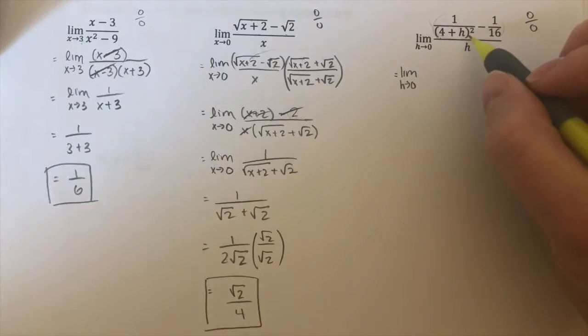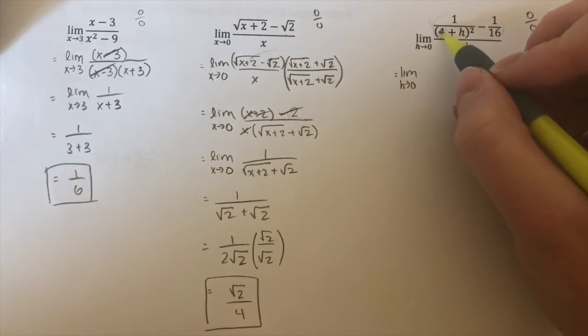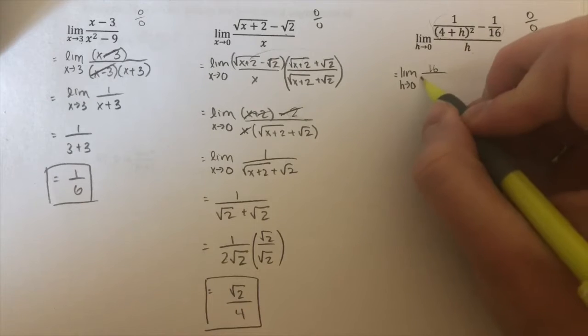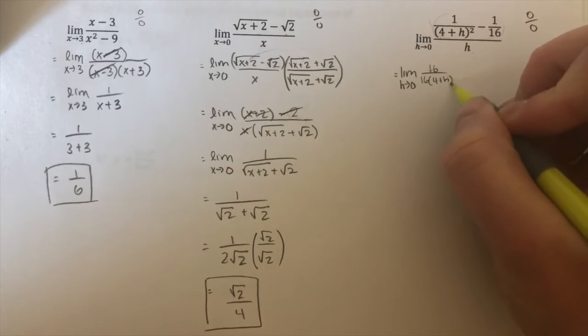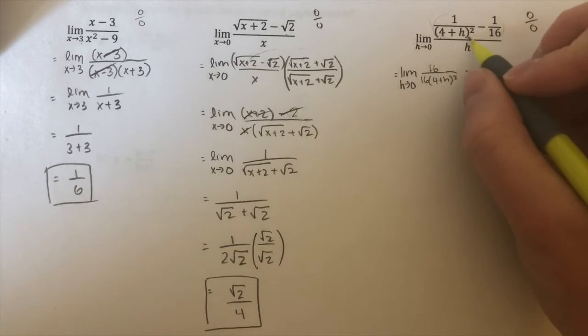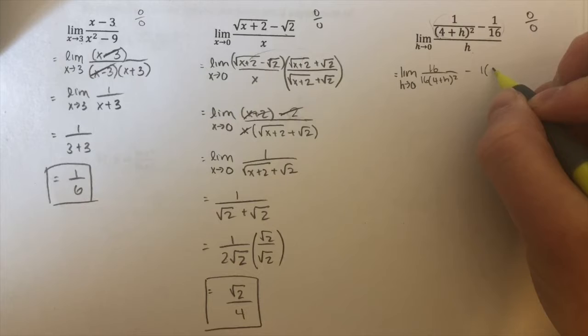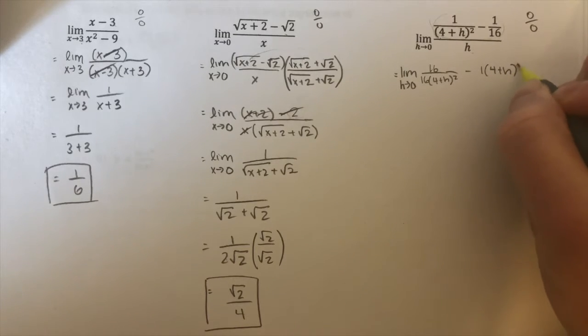So if I want to add these two fractions on the top, I need a common denominator. So I need a 16 on the bottom, so I have to multiply the top and bottom by 16. And then for this one, I need a 4 plus h squared, so I need to multiply top and bottom by that.